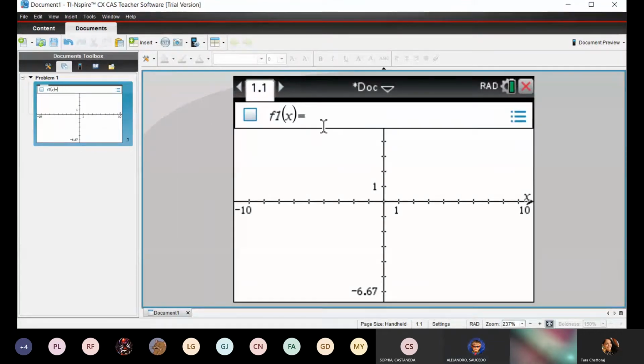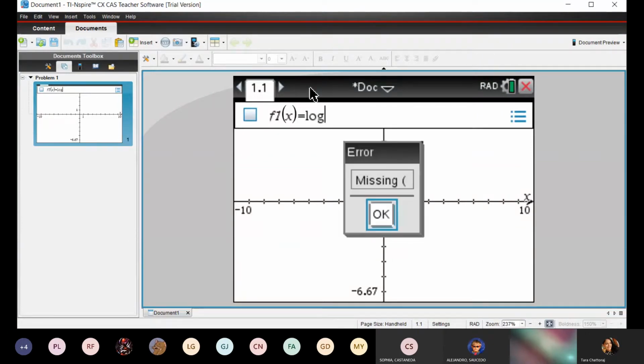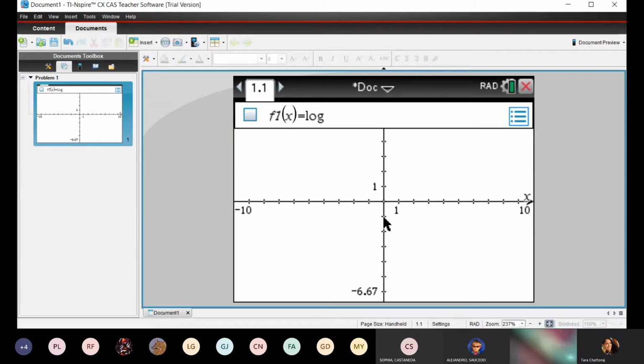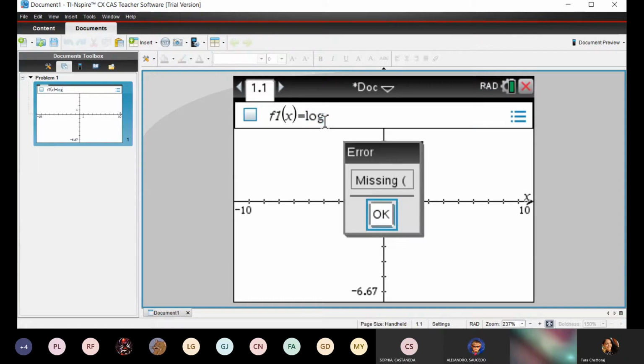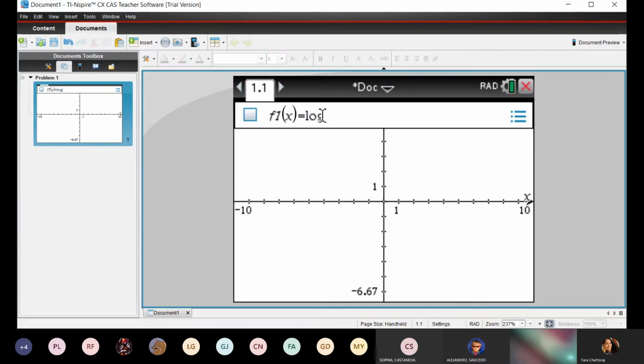All right. So for this, if we did log, and then can I do a base? Oh, you found it? Okay. Does everyone find it? Does it look like this one? If it doesn't, we have problems. Yes. Okay.